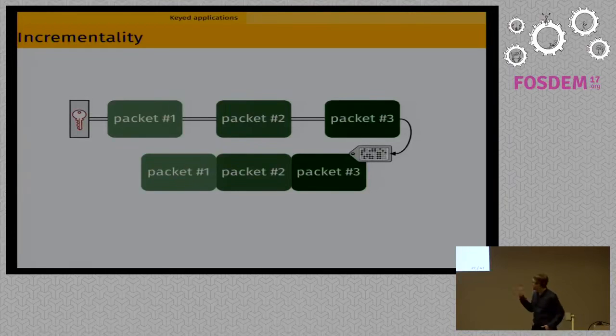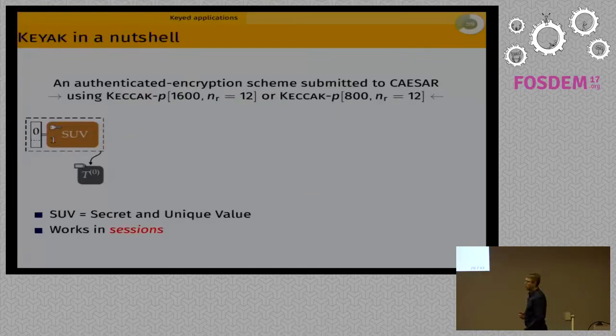So there are at least two ways that we can instantiate this PRF to build schemes. The first one is essentially based on the sponge construction, and the second one is based on a new construction called Farfalle. So let me first start with sponge-like constructions, and the first example is Keyak. Keyak is an authenticated encryption scheme that we submitted to the CAESAR competition.